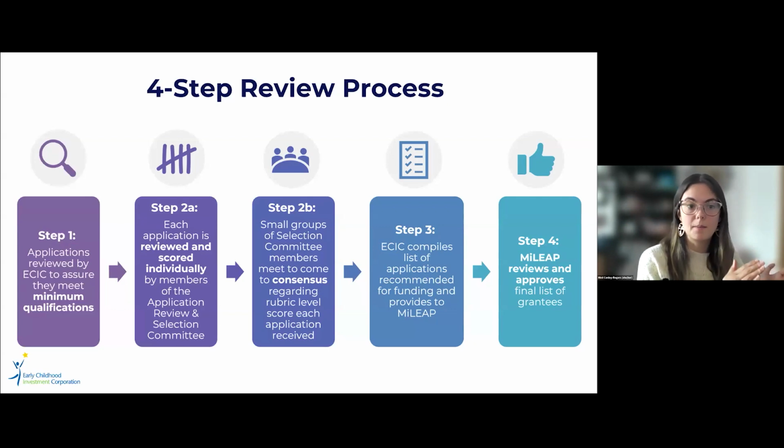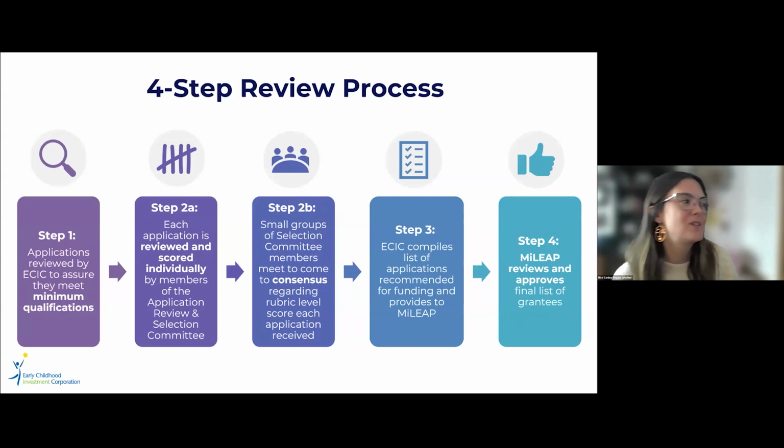Next, once the application makes it past review of minimum qualifications, where we also look for eligibility. So in the event that the applicant is not eligible, AKA not a EDO lead or co-lead, we would weed those applications out. Those that make it through go to step 2A, where we send each application for individual review and scoring. So we collect a group, and we're very happy with our training of that group, and I'll get into that.